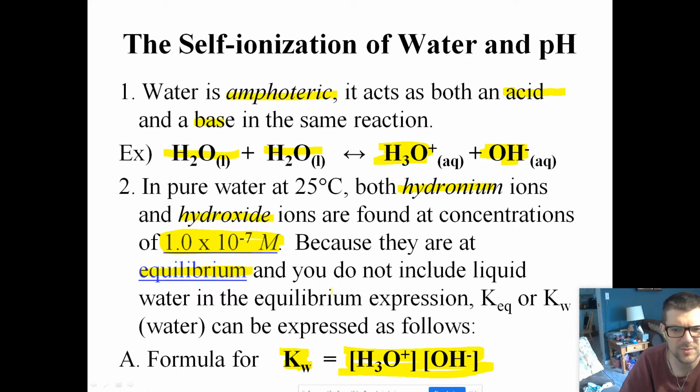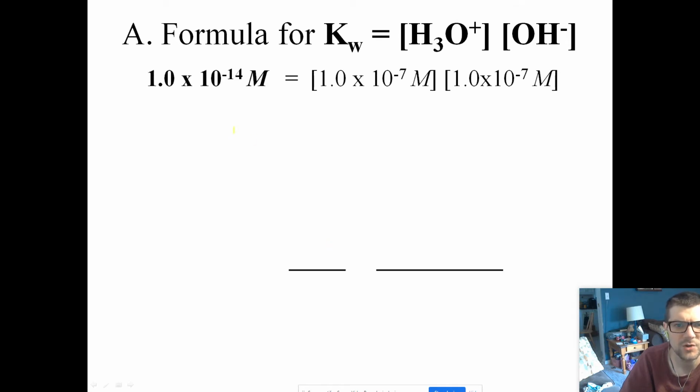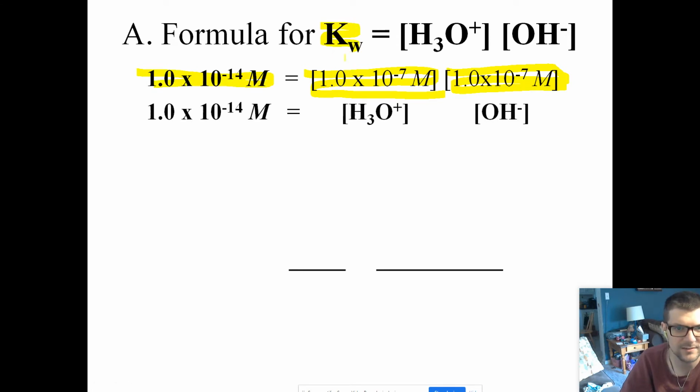We're not going to get too deep into this math here, but here's the general idea, right? We know that they are each 1 × 10⁻⁷ molar. And when we multiply 1 × 10⁻⁷ molar by itself, we get 1 × 10⁻¹⁴ molar. That is our equilibrium constant for water.